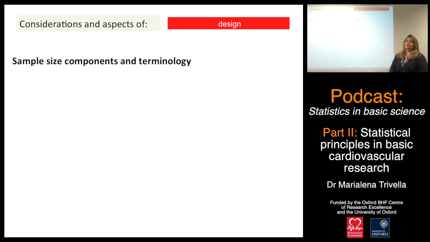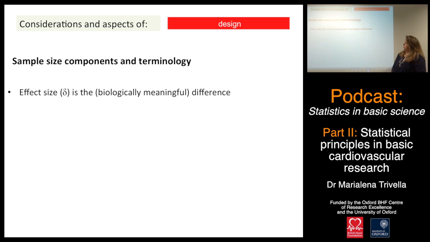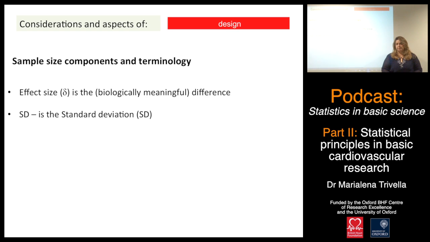Looking at the sample size related terminology and components, just for information, we will need to have available the effect size. This is the biologically meaningful difference we want to detect. It really should be the minimum difference that is clinically important and one that potentially could change practice. In general, the larger the effect size, the greater the impact of an intervention or a difference between the two groups.